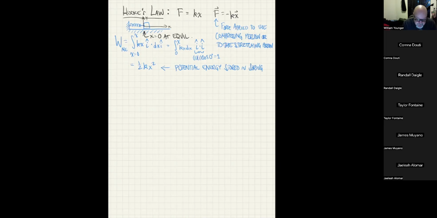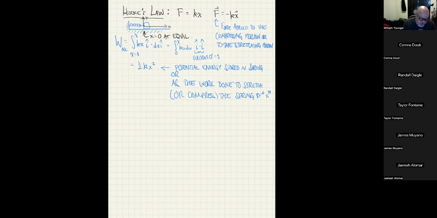But you can also think about it as the work done to stretch or compress the spring by X. In other words, if I compressed it an amount X, or stretched it by an amount X, then the work done in doing so would be work equals 1/2 kx squared.